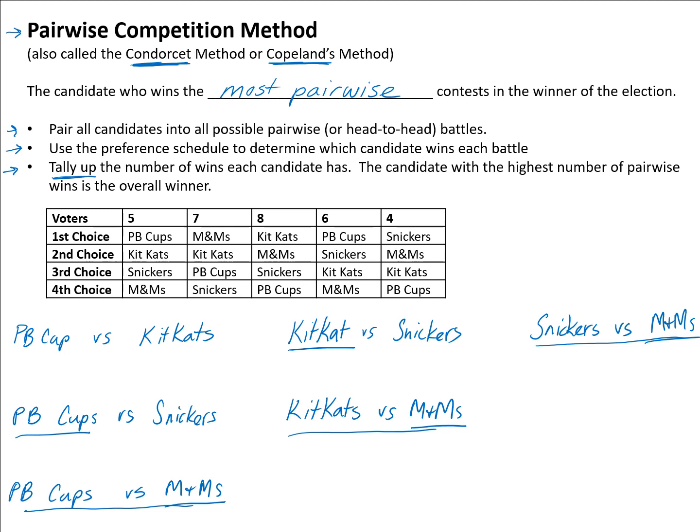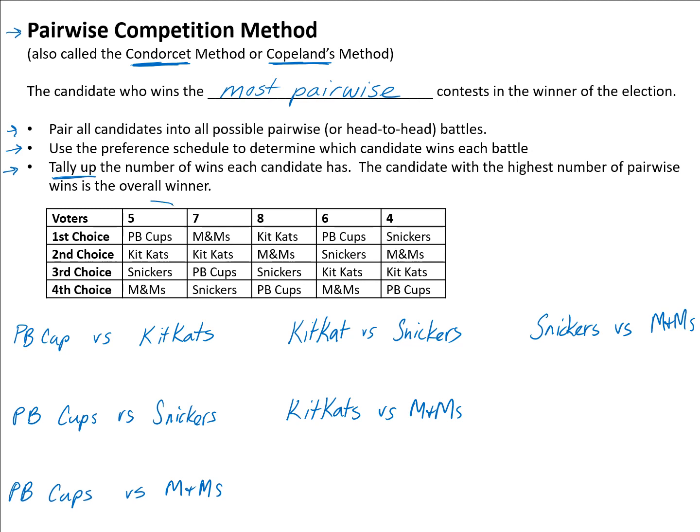So let's talk about who would win each of these battles. Let's take a look at each of these battles separately. Let's start with peanut butter cups and Kit Kats. We're going to look at the preference schedule in terms of columns, because the columns are telling us the voters who have the same preferences.